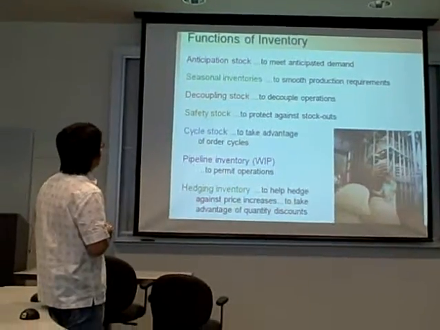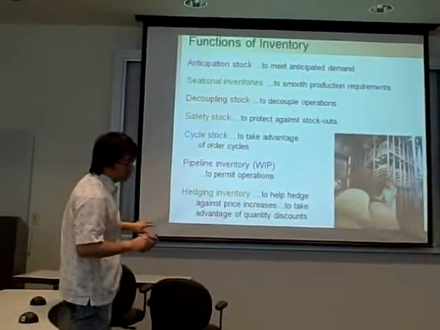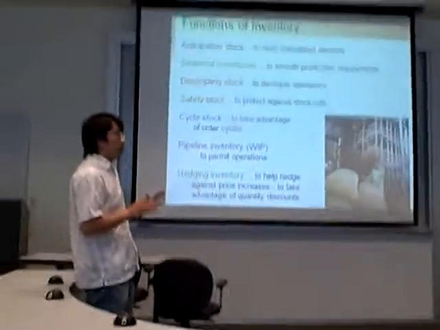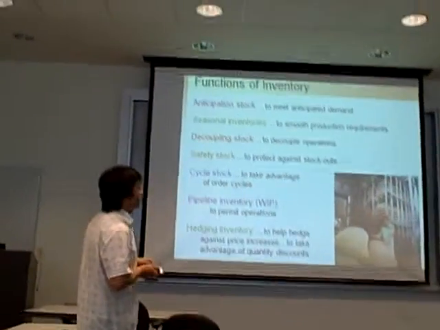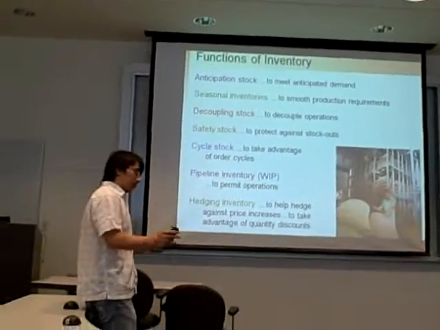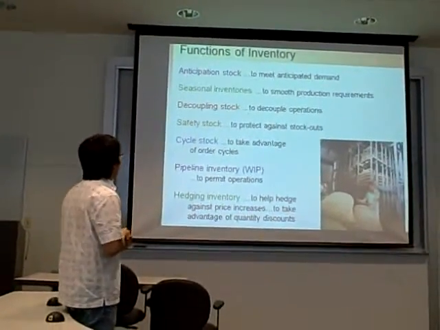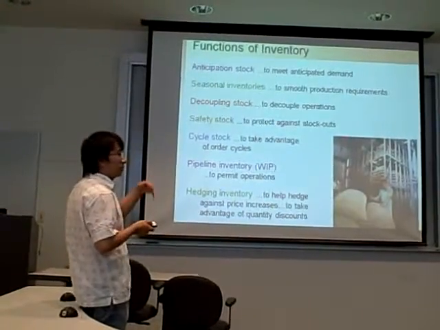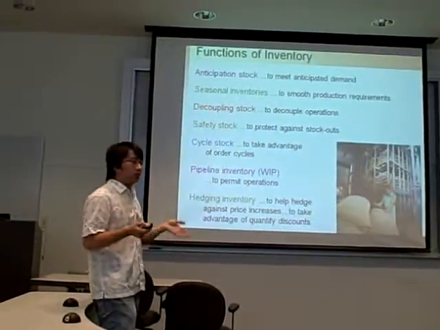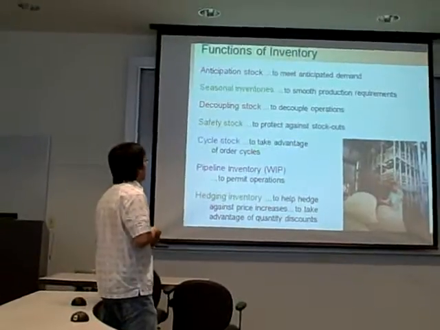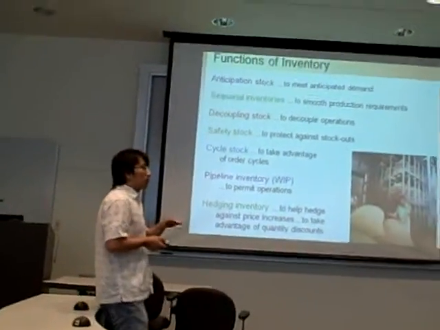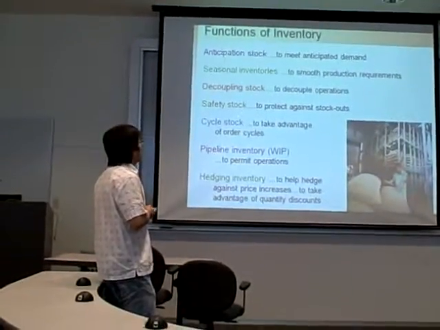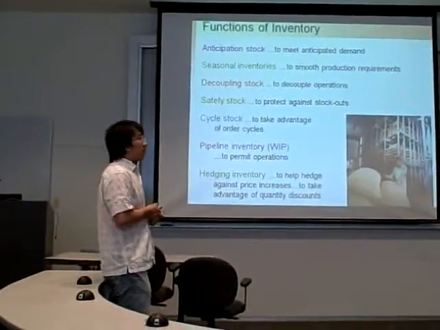Decoupling stock is when you decouple the different function stocks so that when you operate, you are ready to pick. Safety stock: demand is random. You don't know when it is high or when it is low. So in order to smooth the demand, you need to have some safety stock to avoid stockouts.